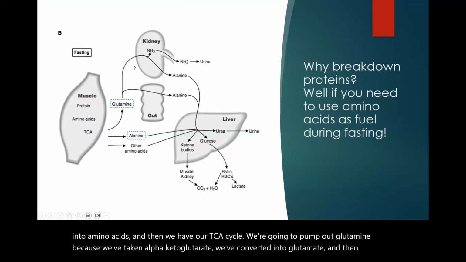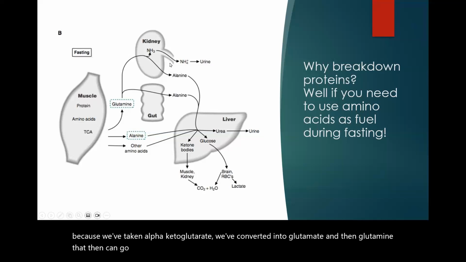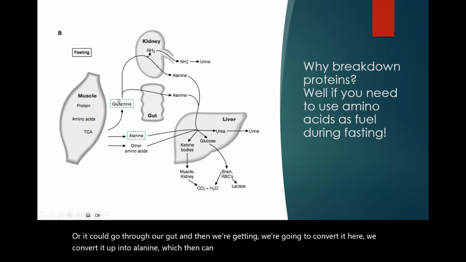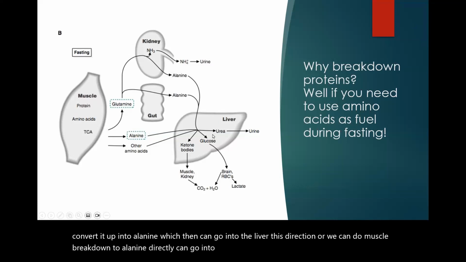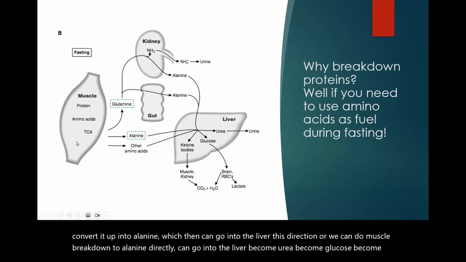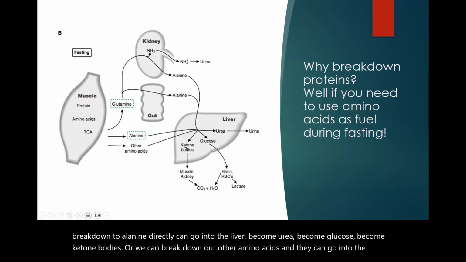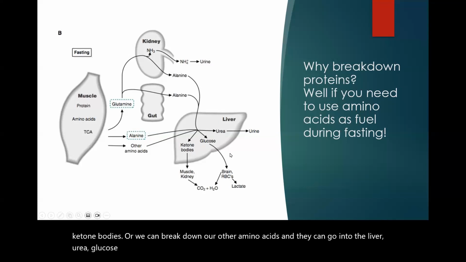That then can go through our kidney and our blood, or it could go through our gut, and then we convert it into alanine, which can then go into the liver. Or we can do muscle breakdown to alanine directly, which goes into the liver and becomes urea, glucose, or ketone bodies. Or we can break down our other amino acids and they can go into the liver to become urea, glucose, or ketone bodies.